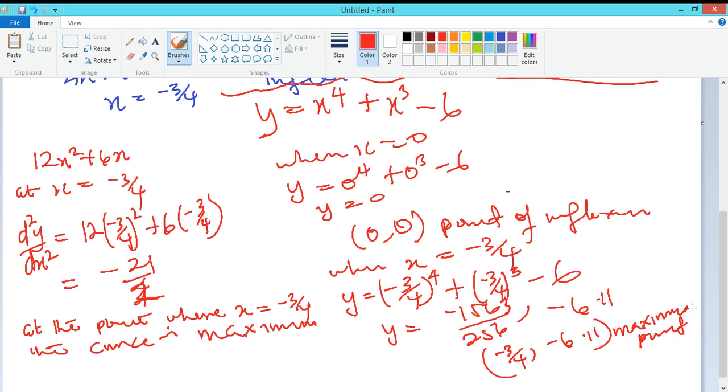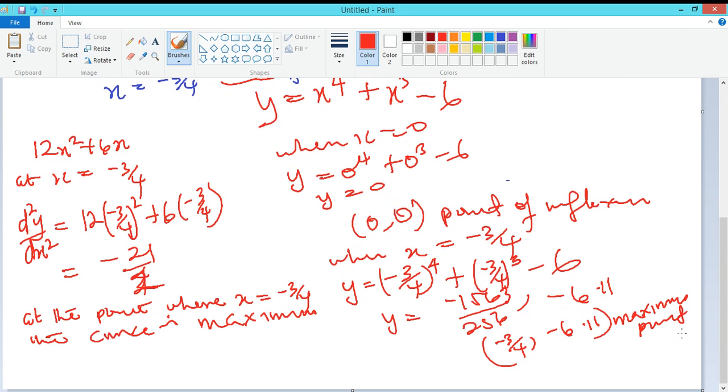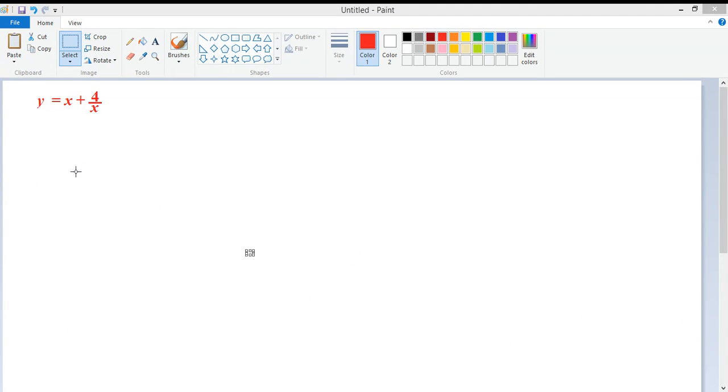Okay, let's look at the C. Y is equal to x plus 4 over x.